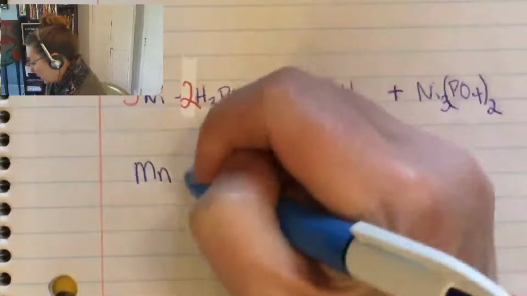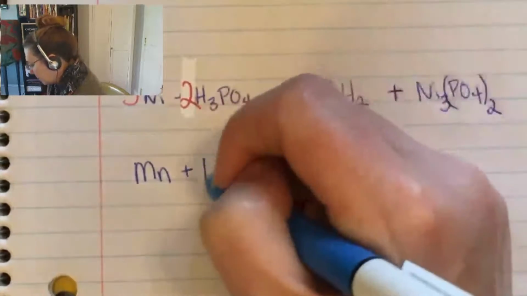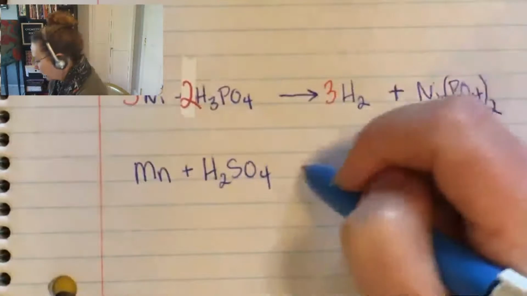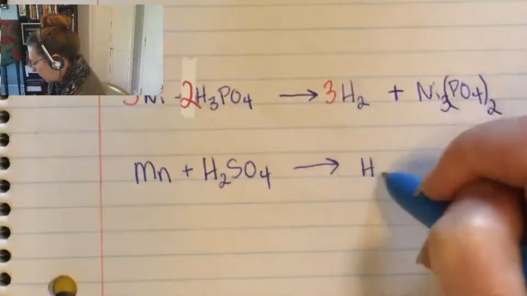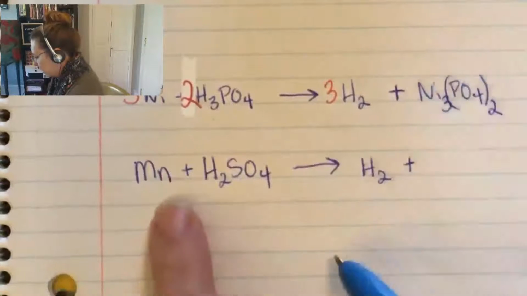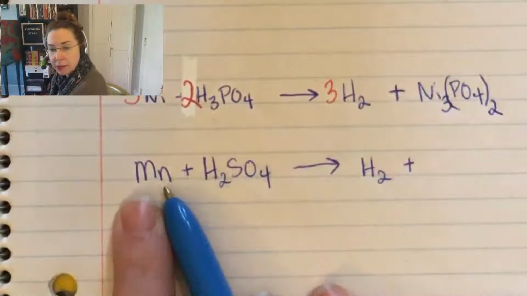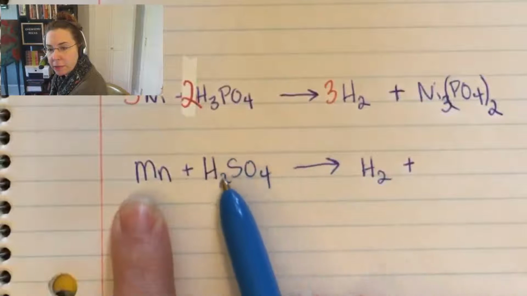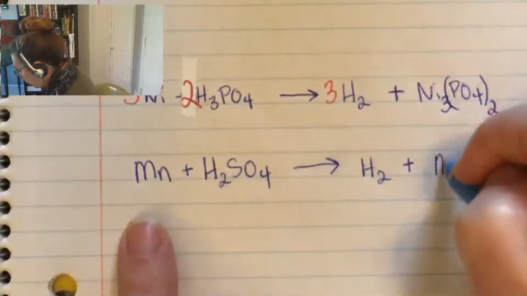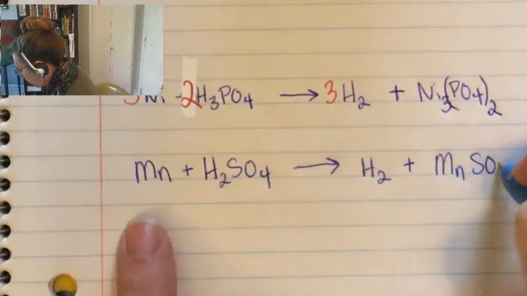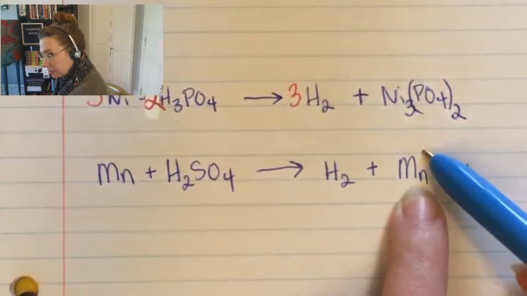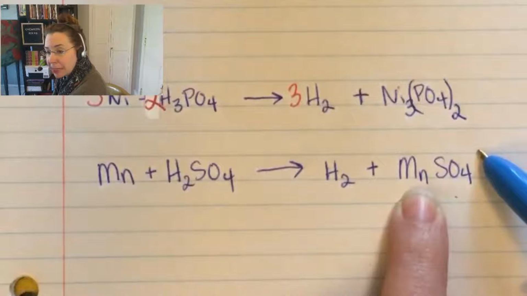Okay, manganese. In this case, I'm going to react that manganese with sulfuric acid. Okay, now we already know we're going to make hydrogen gas, so I'm just going to get that out of the way and go ahead and fill that in. Now, what else do we have? We have our metal and then our polyatomic ion here from our sulfuric acid. Okay, now this is nice because manganese has a +2 charge, sulfate has a -2 charge.